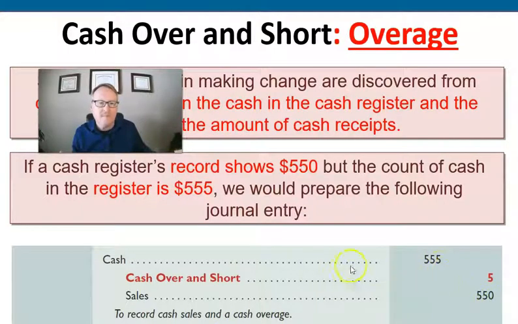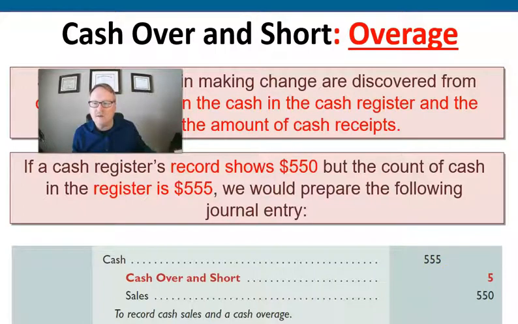So we have to come up with something to balance this out, because remember, our journals always have to be in balance. We've got this cash over and short account, and you'll see here we got more cash, so the cash goes in the bank account, so that we're not changing cash, we're actually adding this account. So for sales and the overage, we're crediting the overage and shortage account so that we're in balance.